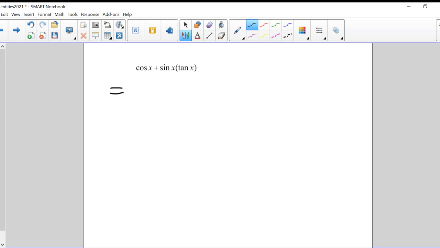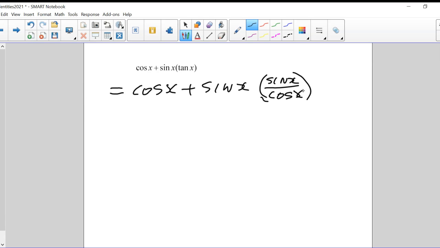So this is equal to cosine of x plus the sine of x times what I said it was, which is sine of x over cosine of x. That's what I said that tan was. So all I'm doing is turning my tan into a ratio of sine over cosine. And I'm multiplying these two things. Put this over 1, if that kind of helps you to see what the next step is.